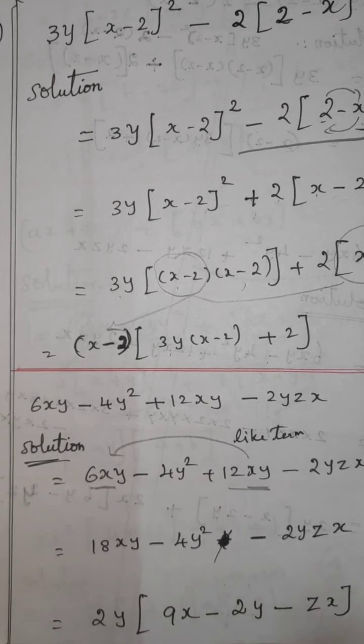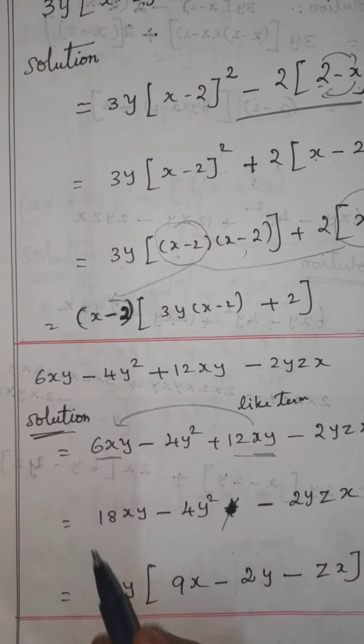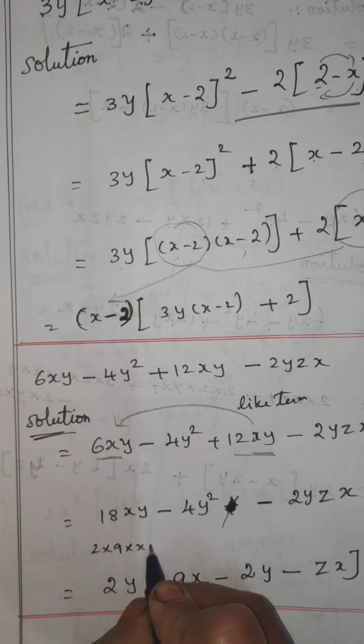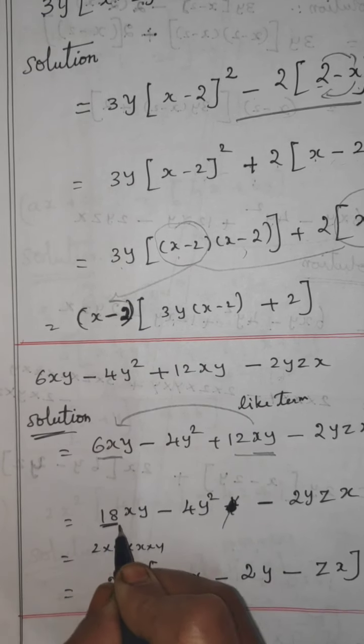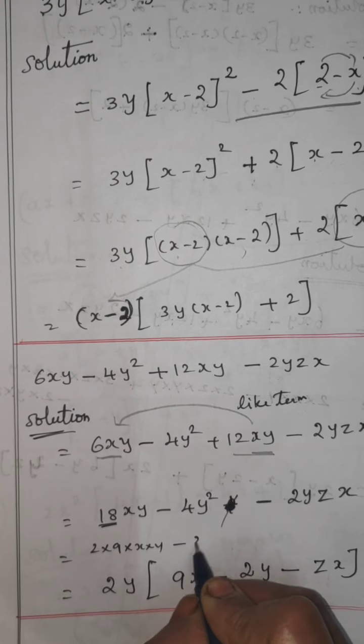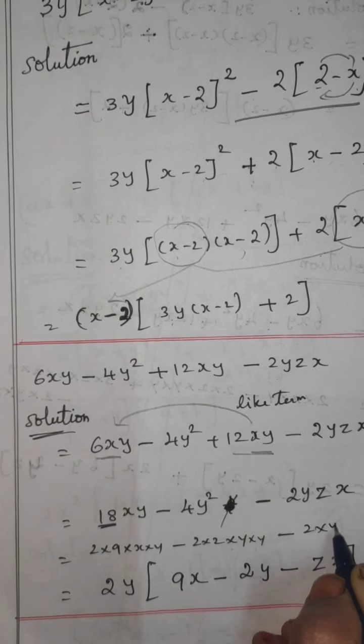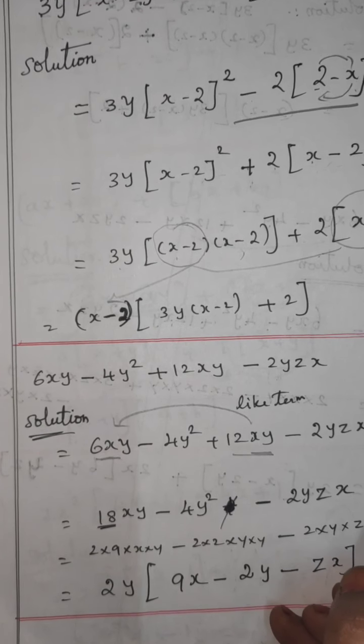Now here, in all of them, which number is common? 2. How does the 2 come? Here you see, 2 into 9 into x into y is 18xy. Then I expand: 2 into 2 into y into y, minus 2 into y into z into x.